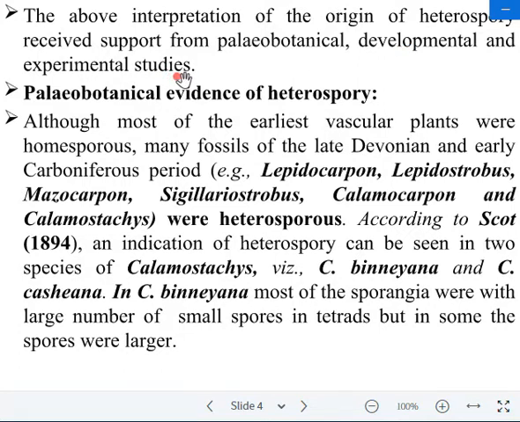So you may understand how heterospory originated in plants on the basis of some available evidence from paleobotanical studies, some evidence from developmental studies, and some evidence which comes from experimental studies.